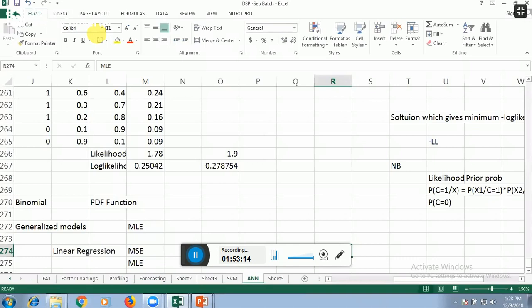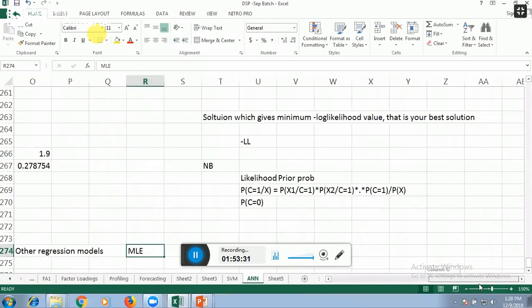So now you understand the underlying concept of what MLE is, what minimizing the sum of squares of error is, in what situation we use MLE, in what situation we use MSE, and what the likelihood, log likelihood, and negative log likelihood are.